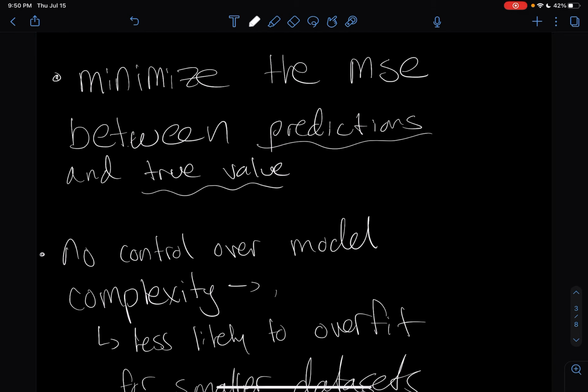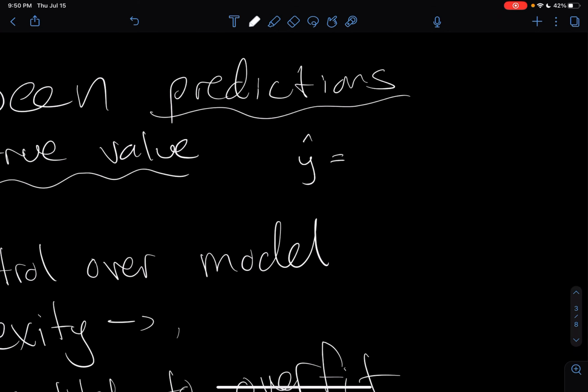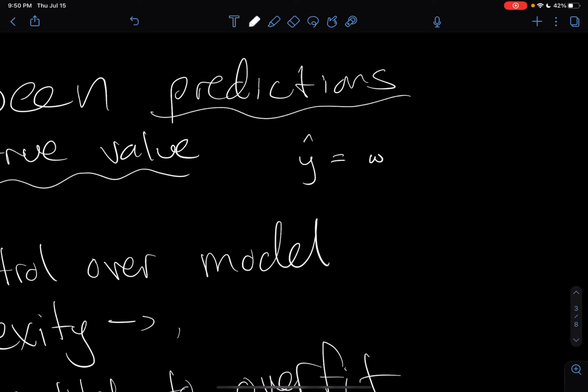Okay, so let's put just a little bit of an equation out here. If you saw the linear models video, you'll remember that our model is represented with this equation. Y hat represents our prediction, while our prediction is equal to our weight matrix multiplied by our feature values or input data plus any kind of bias or offset that we're working with.